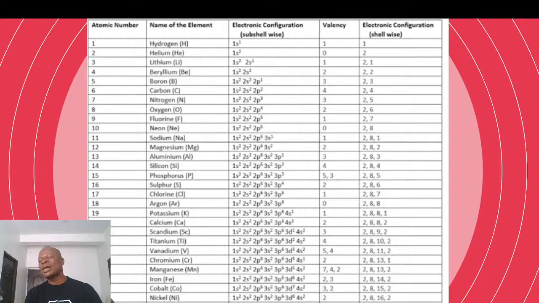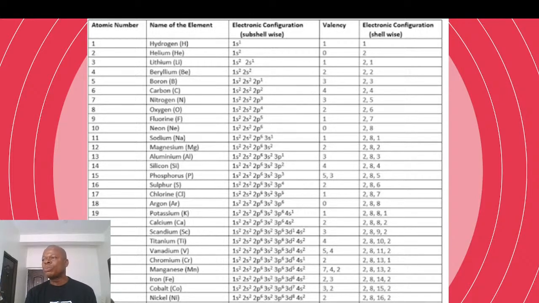Remember that neon is quite different from nitrogen. If you arrange it in subshell, its electronic configuration is 1s2, 2s2, and 2p6, giving us 10.